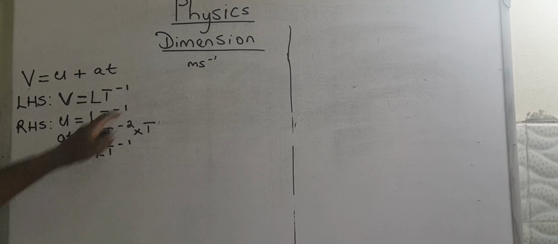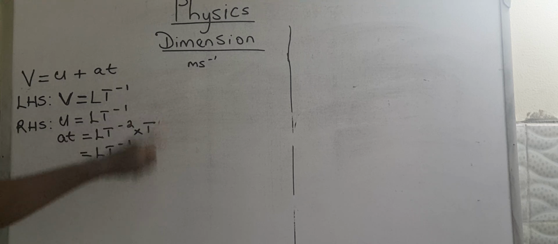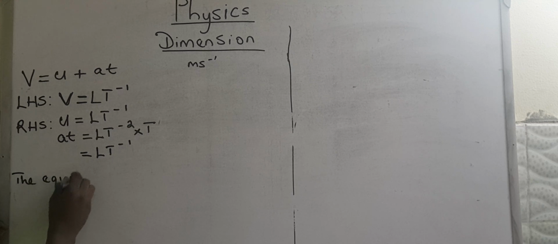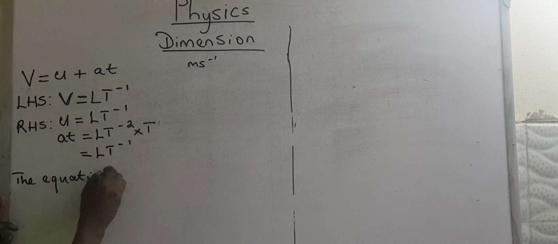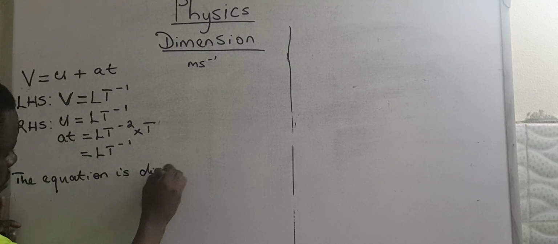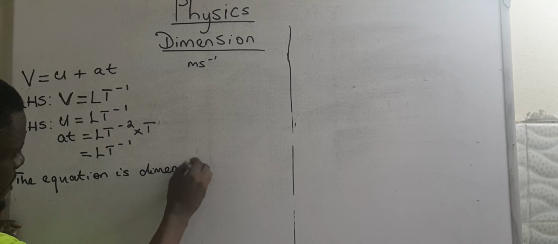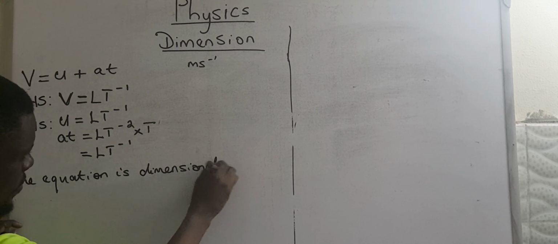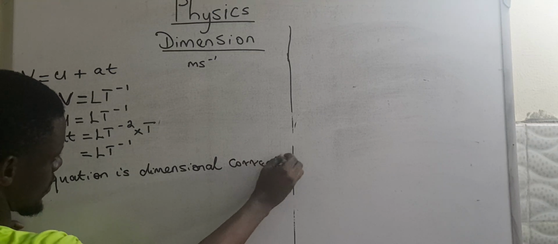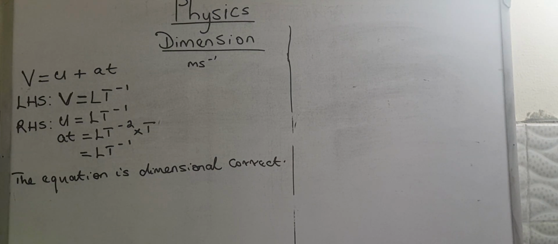So you can see that each of the terms was correct. So we say the equation is dimensionally correct. The equation is dimensionally correct.